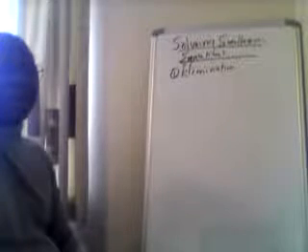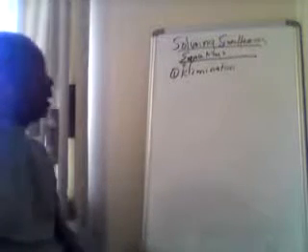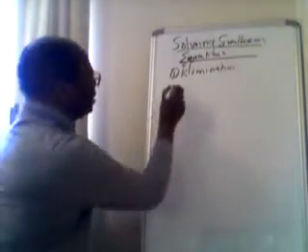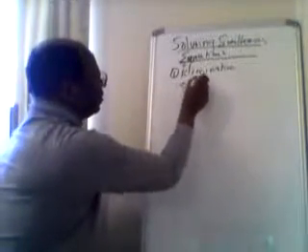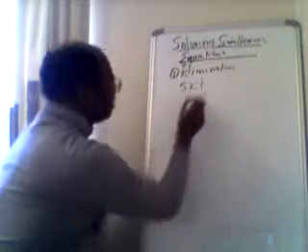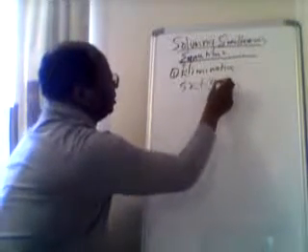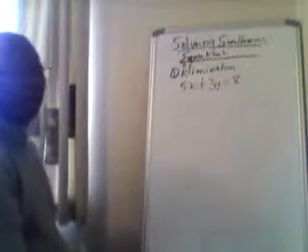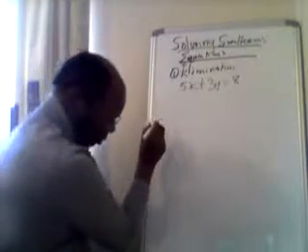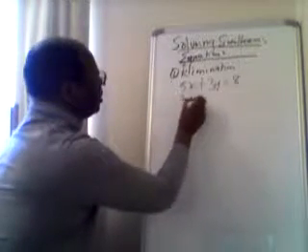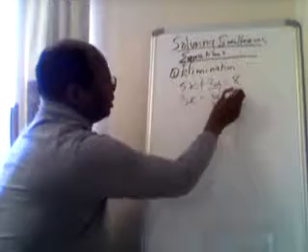So choose the method that you are very confident you can use without making any mistakes. Here's the question. 5x plus 3y equals 8, and 3x minus y equals 9.